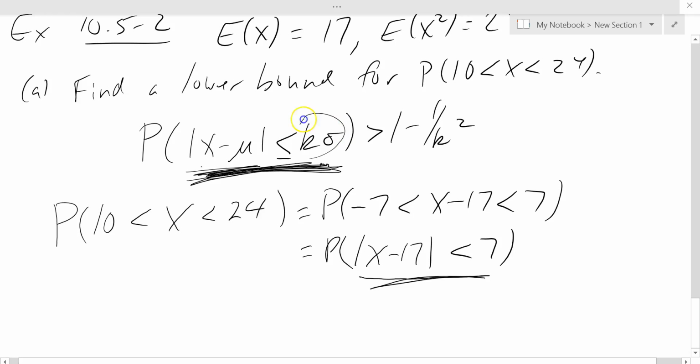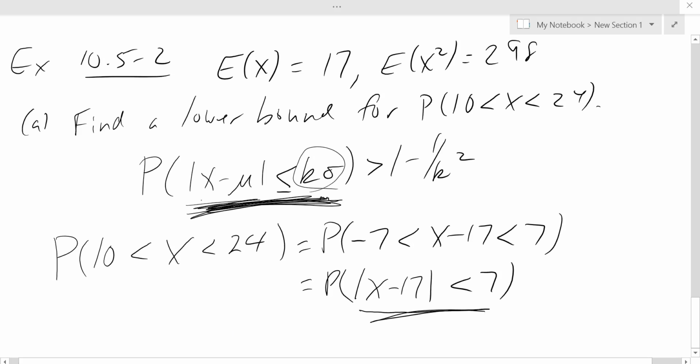So the right-hand side, though, I need to write as a certain number of standard deviations away. So how am I going to figure out this part here? What do I need to do? Yeah, good. Got to find the variance, find the standard deviation, and then figure out what 7 is in terms of that. Good. So the variance is what in this case? 9, good. So that tells us that the standard deviation is 3.